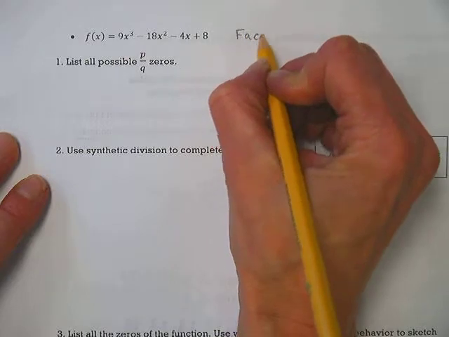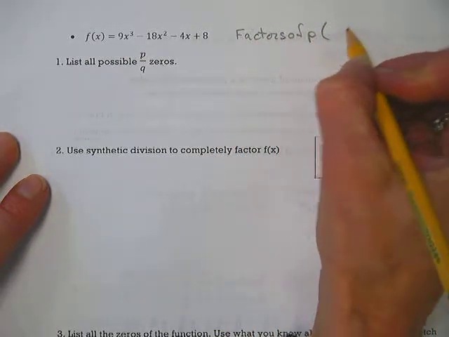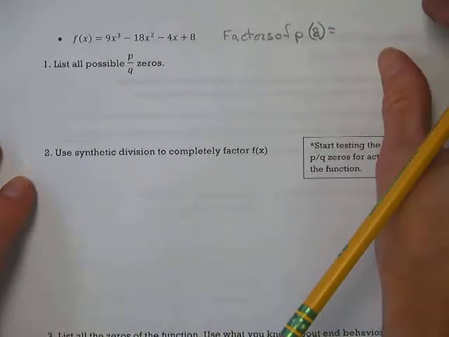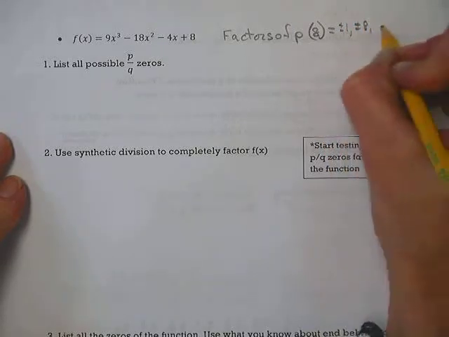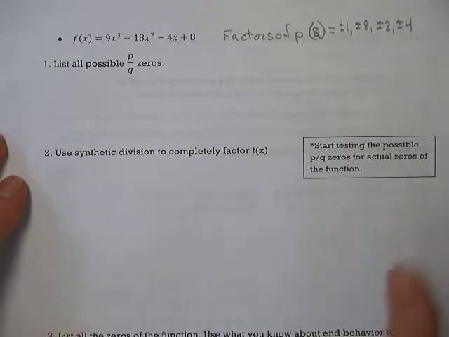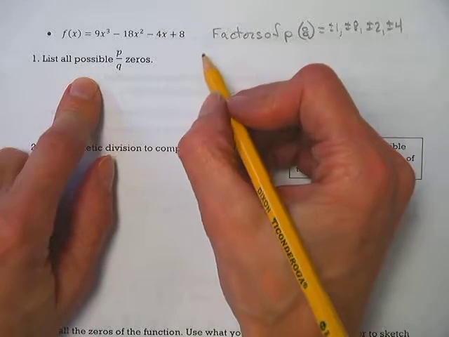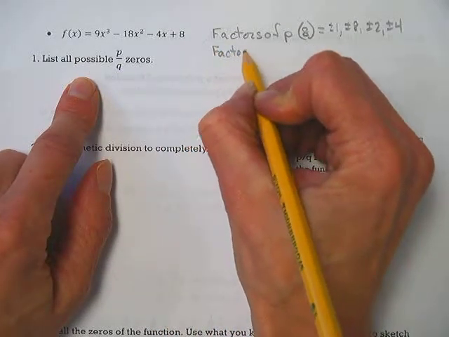Here we go. This is the function. I just retyped it for us. First thing I want us to do is let's list all the possible P over Q zeros. First of all, what are the factors of P? What is P in this case? 8. Okay. And we already did that. What are they again? Plus and minus 1, plus and minus 8, 4, 2.